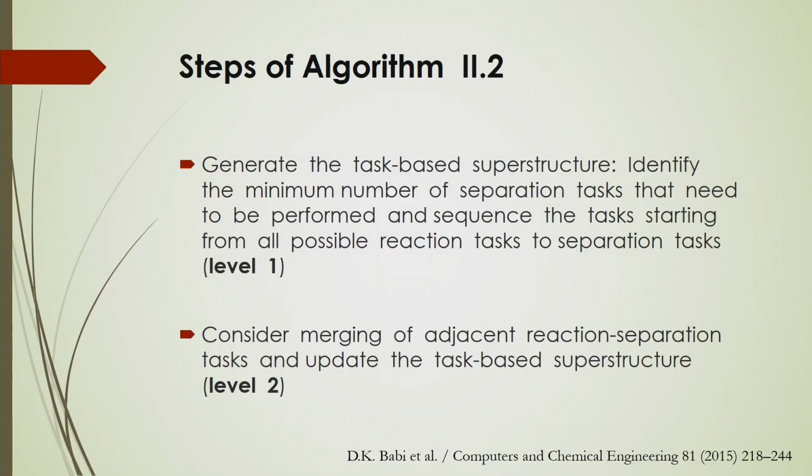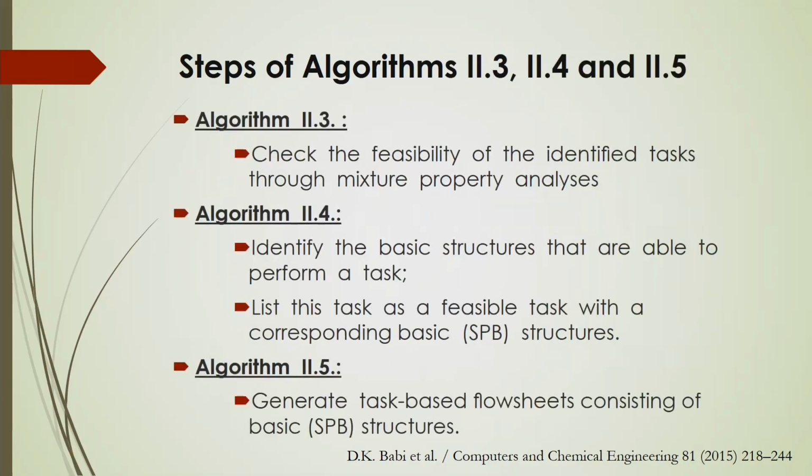So in level 1 you have to consider these things, and in level 2 you have to consider the merging of adjacent reaction separation tasks, and also update in parallel the task based superstructure at this level.